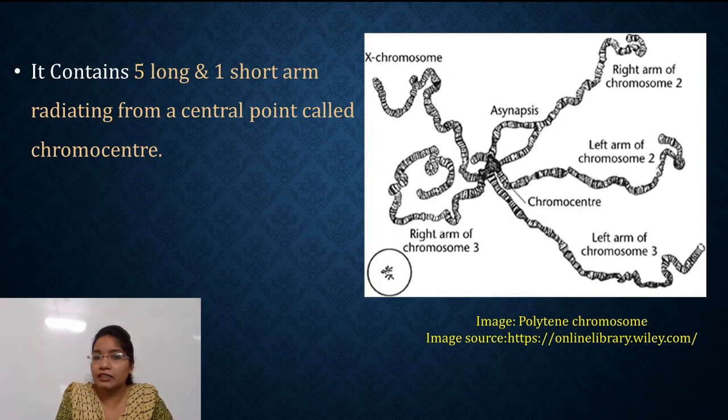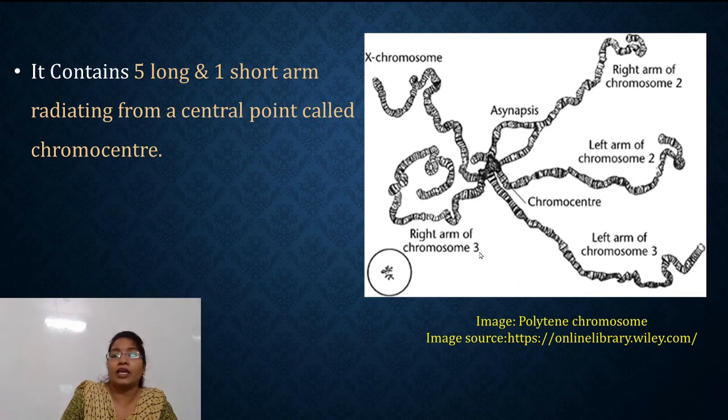Let's study its structure. These are the different arms of the polytene chromosomes. In this figure we can observe the different types of arms. This is the right arm of chromosome 2, this is the left arm of chromosome 2, this is the chromocenter, this is the left arm of chromosome 3, and this is the right arm of chromosome 3.